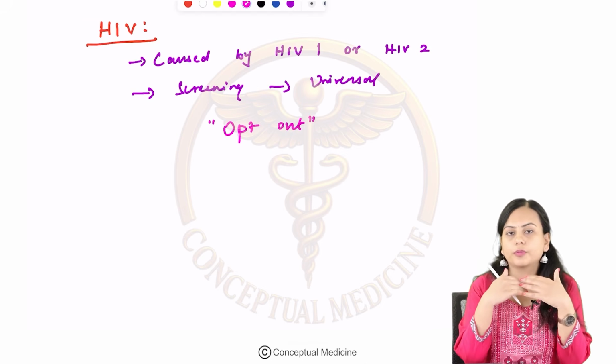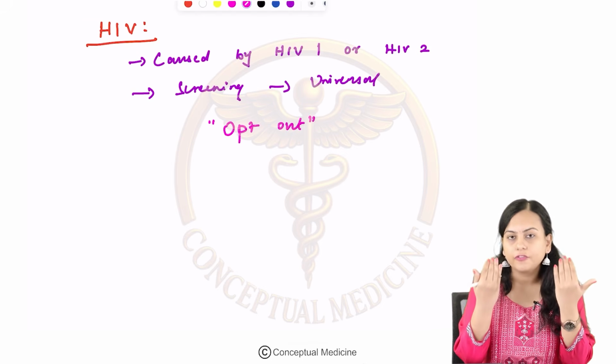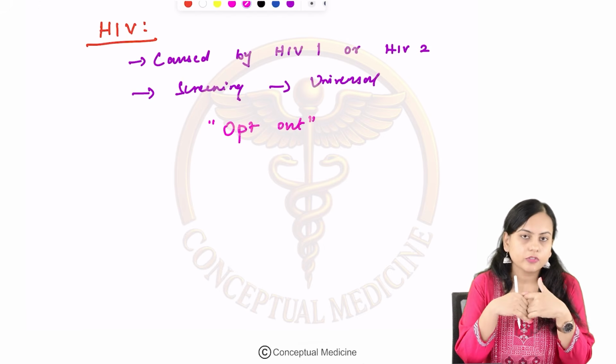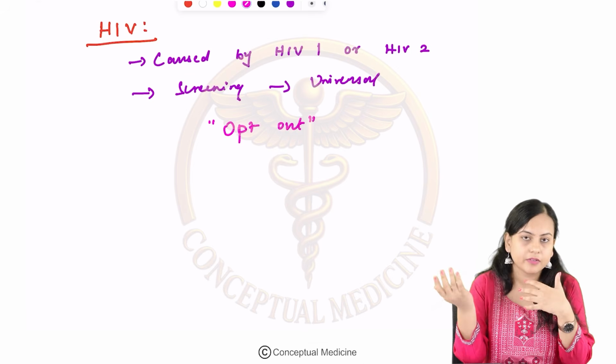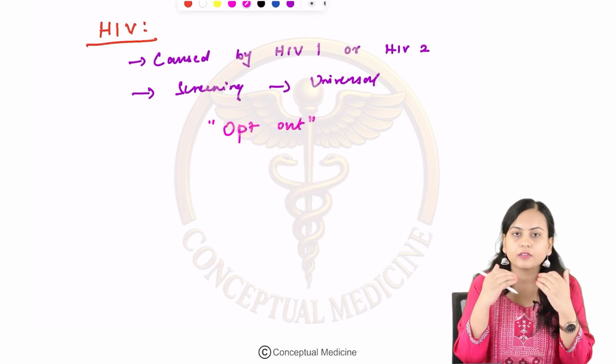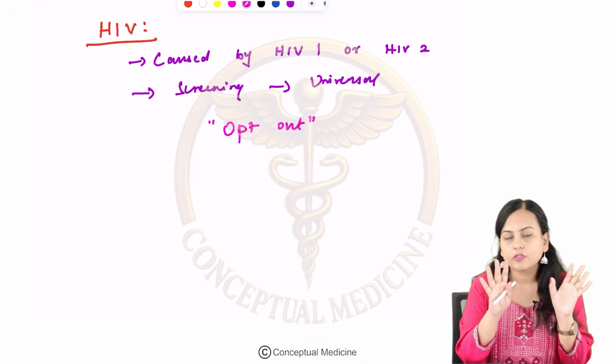See, what does this opt-out method mean? We are going to offer the screening to the antenatal mother during her first visit and during her repeat visits also. We are just going to offer her.